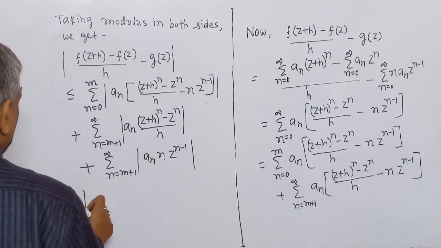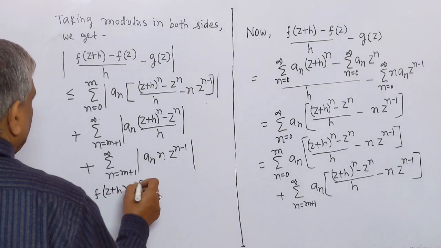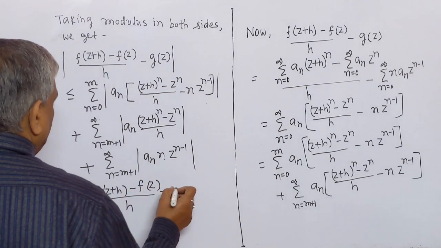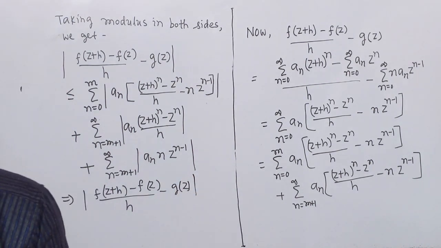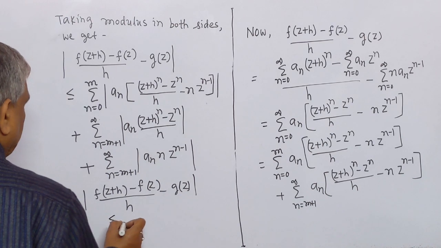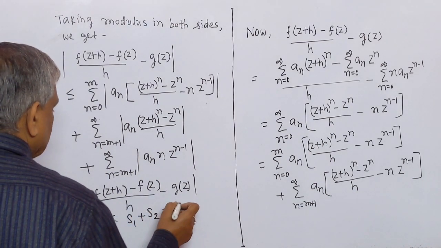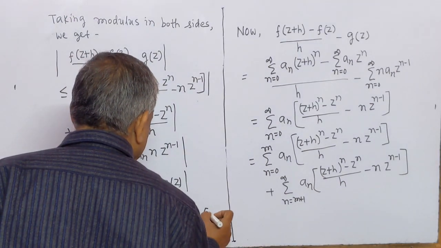This implies that modulus of (f(z plus h) minus f(z)) by h minus g(z) is less than or equal to S1 plus S2 plus S3. This is number 5.